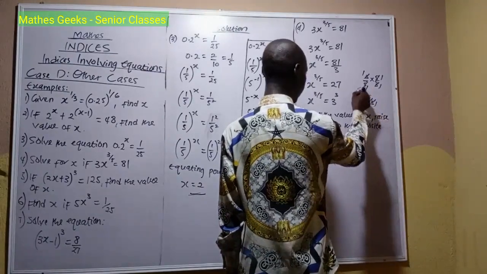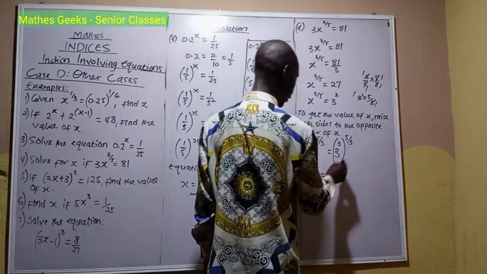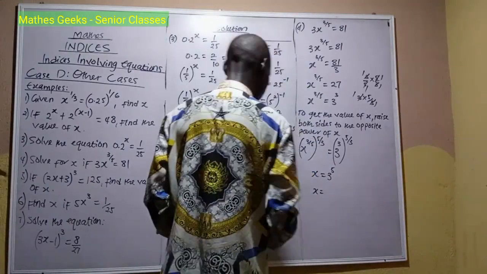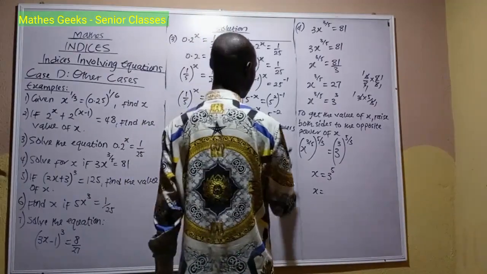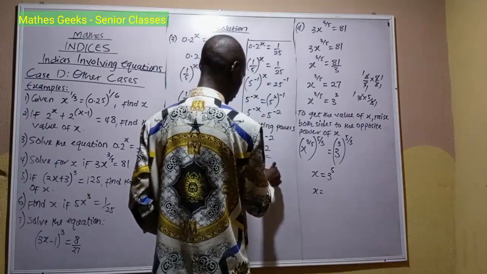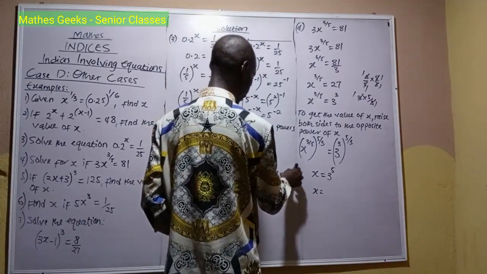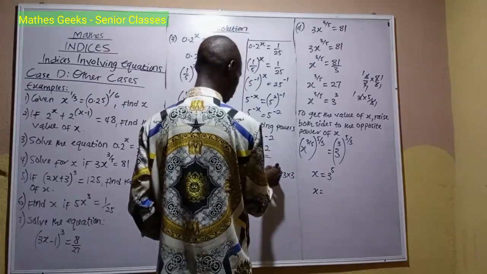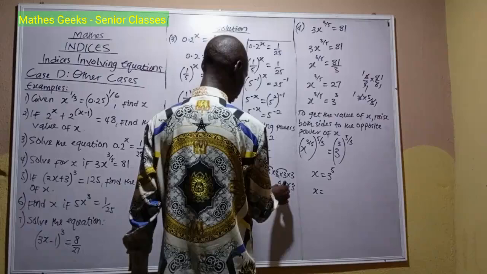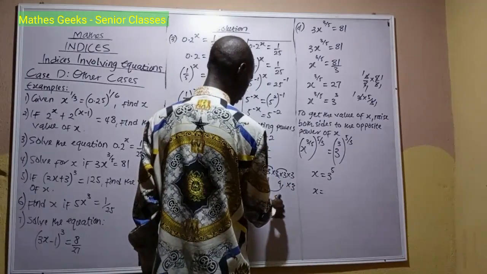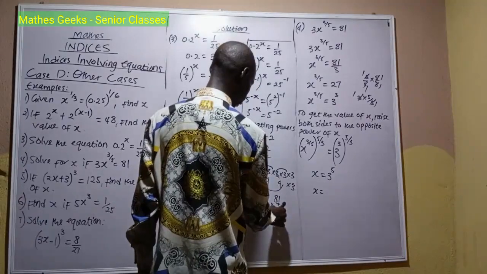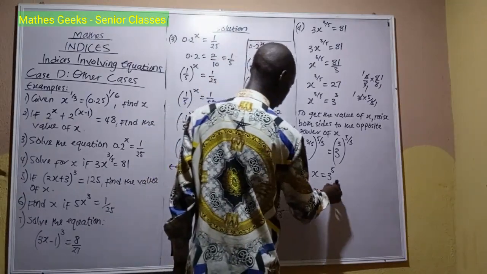So this is 3 raised to the power 5, and x equals 3 raised to the power 5, which will give us 3 times 3 times 3 times 3 times 3, 1 2 3 4 5. This is 9. This is 9. 3. And 9 times 9 is 81, times 3. 3 times 1 is 3. 3 times 8 is 24. 243.